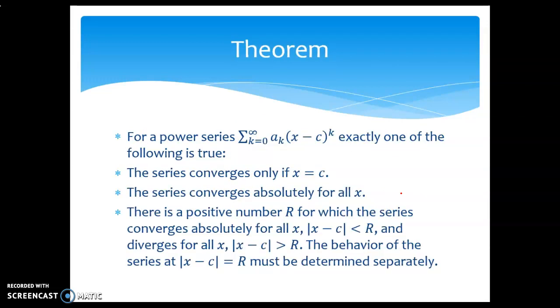So another theorem: for a power series, there is exactly one thing which is true. Either x is equal to c only, or the series converges absolutely for all numbers x, or there is a positive number r for which the series converges absolutely for all x with absolute value less than r.